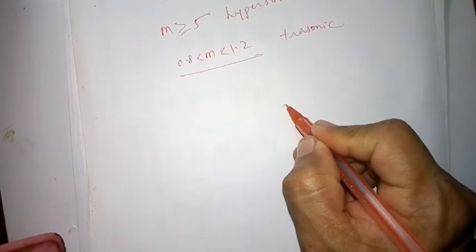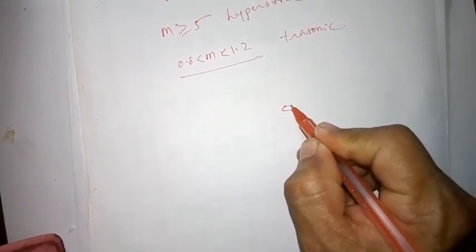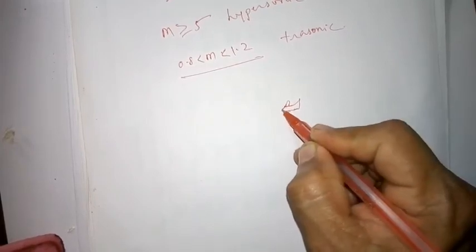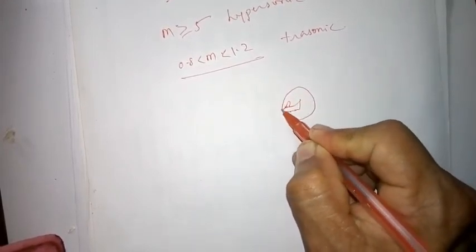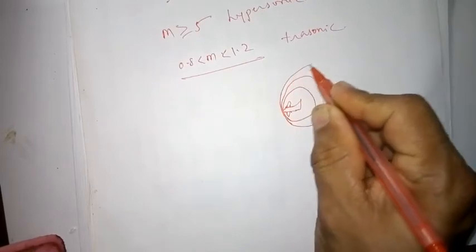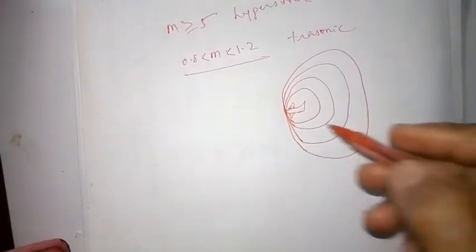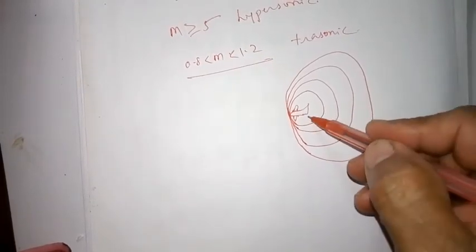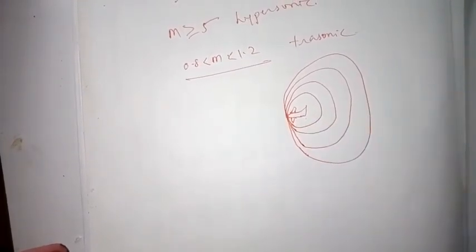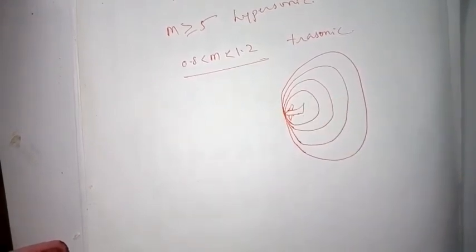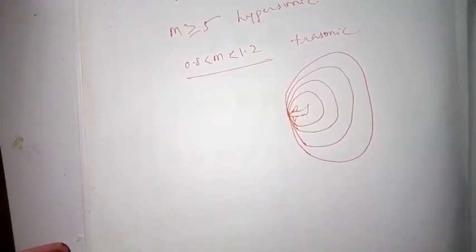Here when M is equal to 1, a very important thing happens. The object is traveling with the velocity of sound, so the expanding wave is something like this. The object is moving with the sound wave, so a very high pressure is built up at the nose of the object.